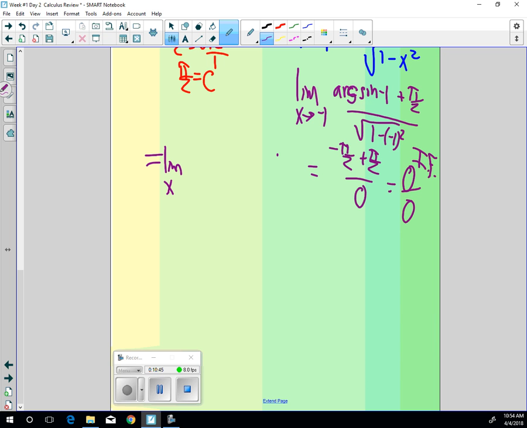limit as x approaches -1, the derivative of the top, arc sine, is 1 over the square root of 1 minus x squared, and the derivative of pi over 2 is 0.